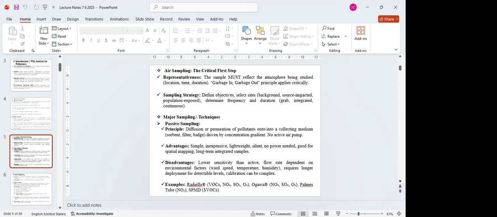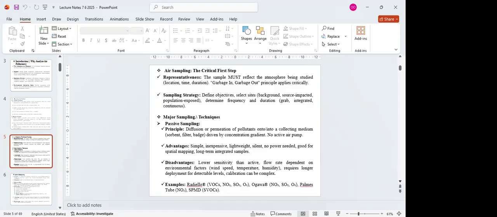Now, the advantages of these passive sampling principles and approaches are, one, they are very simple. Like the harmattan dust collection, you just place your paper and you collect. They are also inexpensive. Then you use lightweight materials, and it is a quiet thing. Just like I mentioned, you carry the equipment, drop it there, and go away.